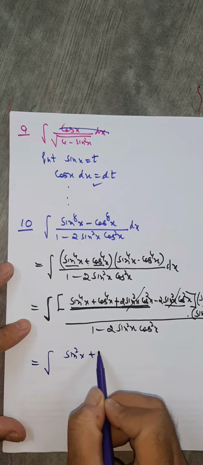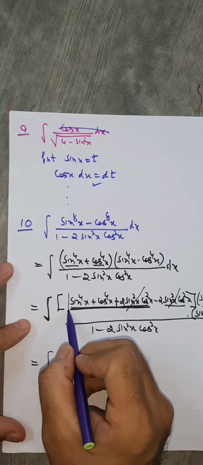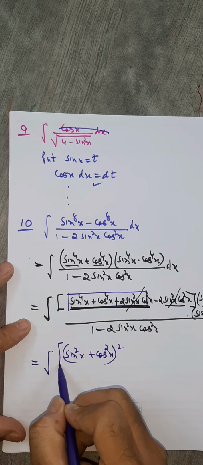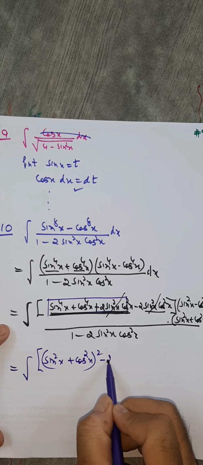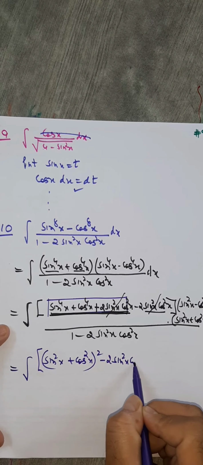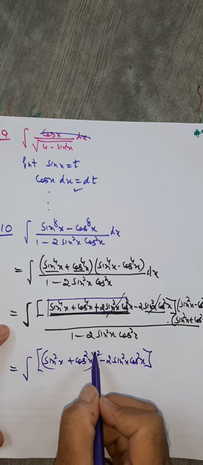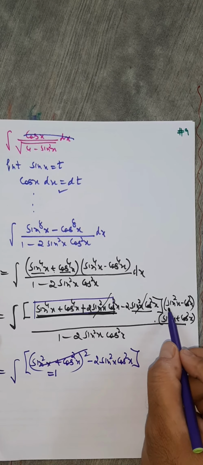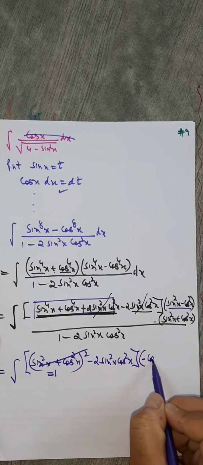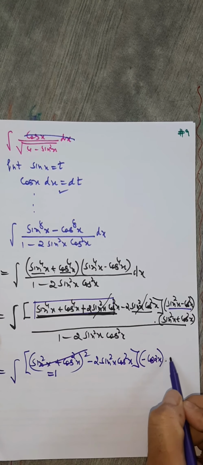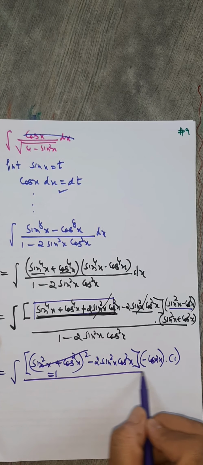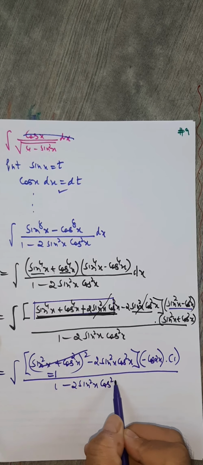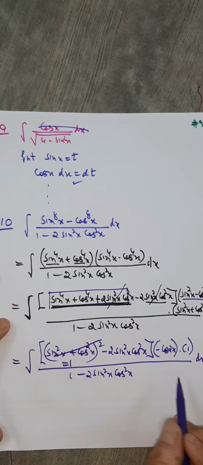This is sine square plus cos square, the whole square. This is indirectly 1, remember. Sine square x into cos square x. This is just 1. If I take minus common here, this is minus cos 2x. This is 1 upon 1 minus 2 sine square x into cos square x dx.